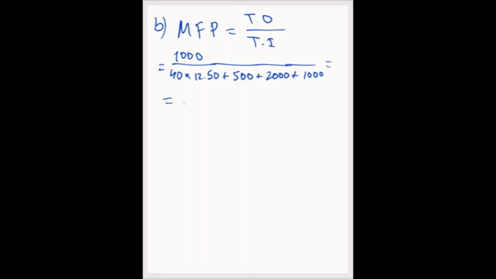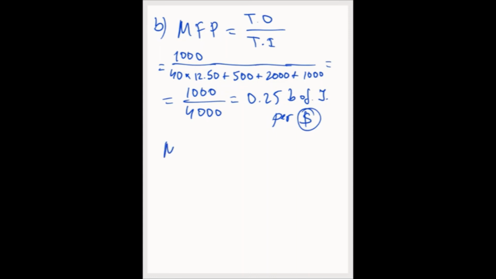So 1000 over 4000. Let's calculate these. 0.25 bottles of juice per dollar.